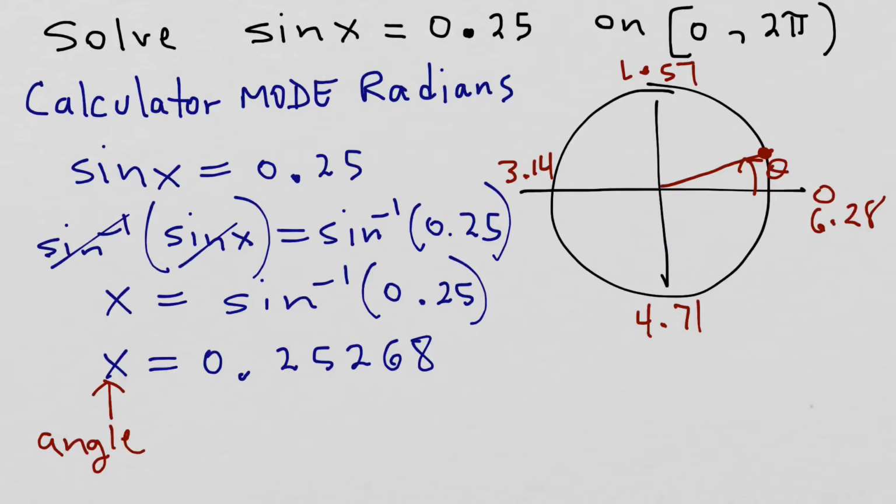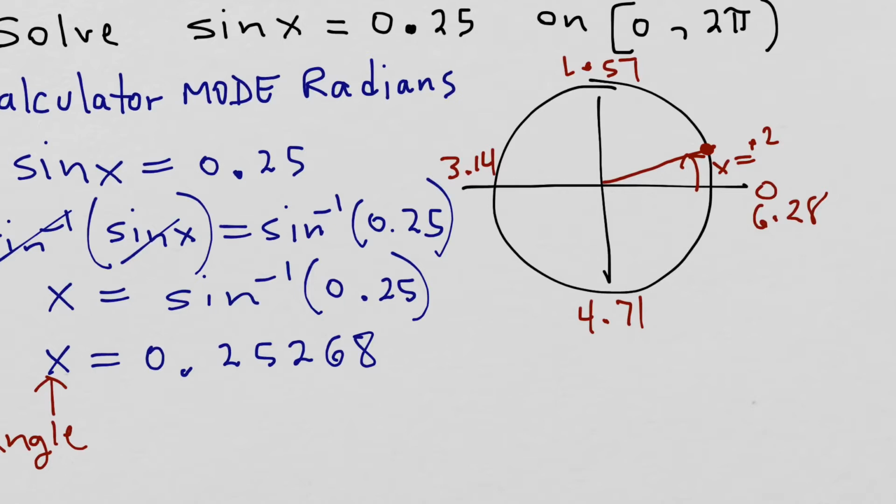We're using x in this problem. An angle x equal to 0.25268. All right. Now, from what we know about sines, they're positive in the first and the second quadrant.